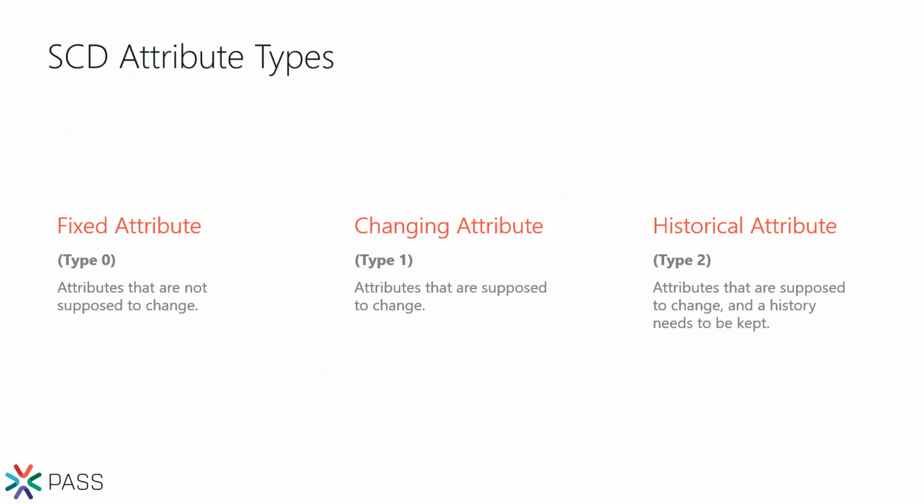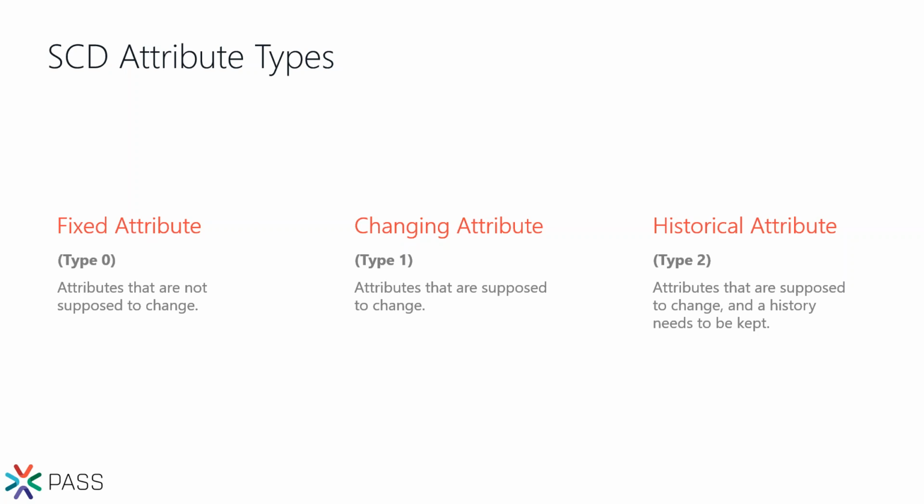So let's cover a little bit of basic background of this slowly changing dimension. The most important aspect is the attribute type, the field type. Attribute type comes with three fundamental types. First, it's a fixed attribute.